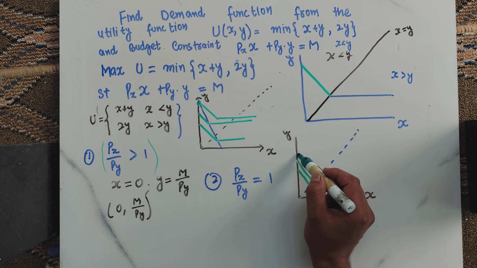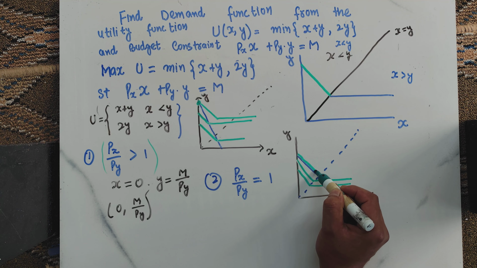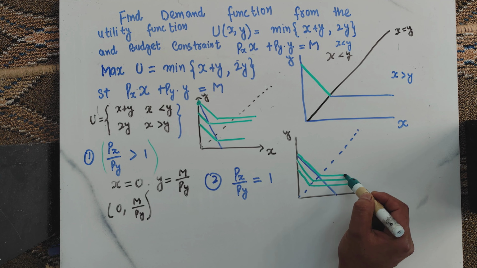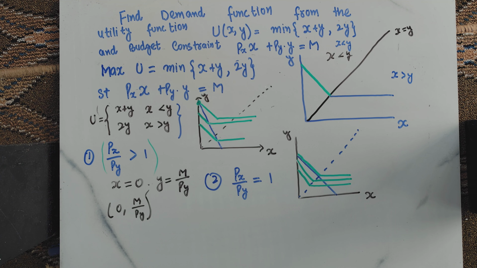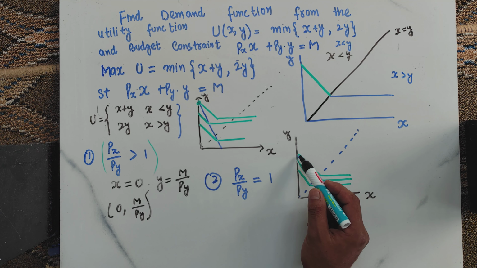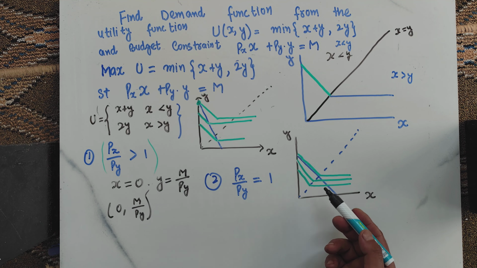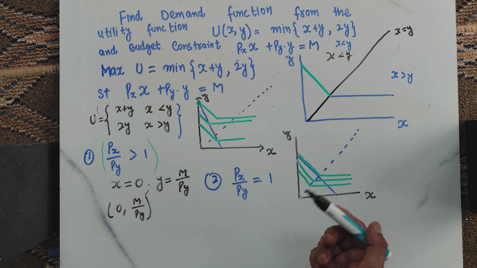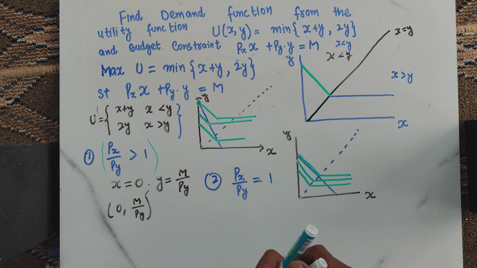Then another indifference curve will coincide with the budget line. It will be like this. Okay, so at this point what happens? Since they coincide with each other, let us try to analyze.